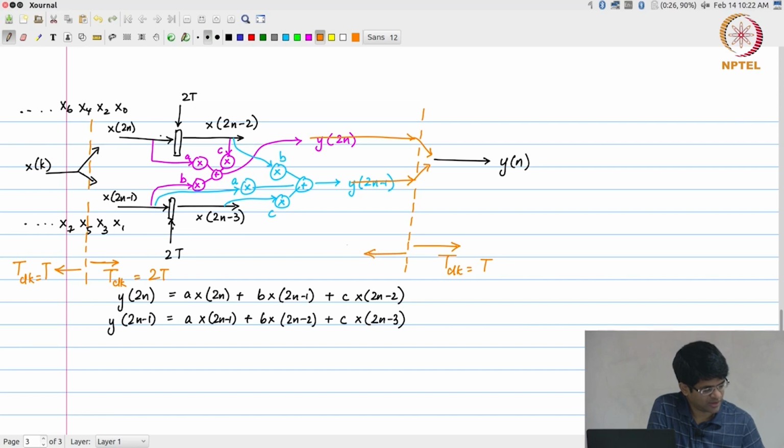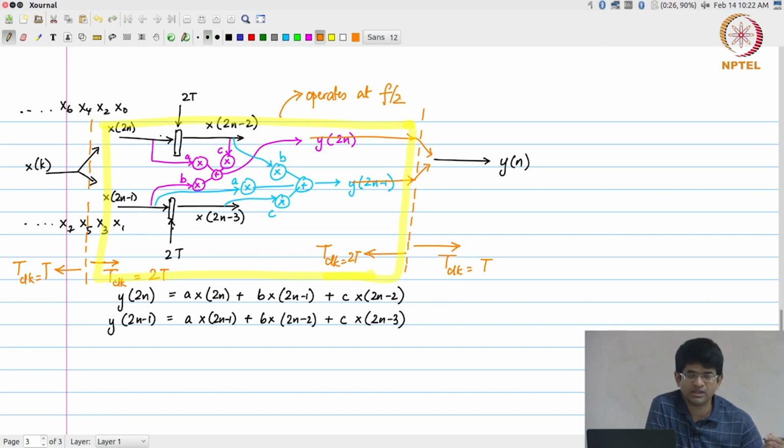On the left hand side over here, the clock period was equal to 2t. Okay. So, this entire area in the middle, in other words, right, is operating at half the frequency of the actual input.